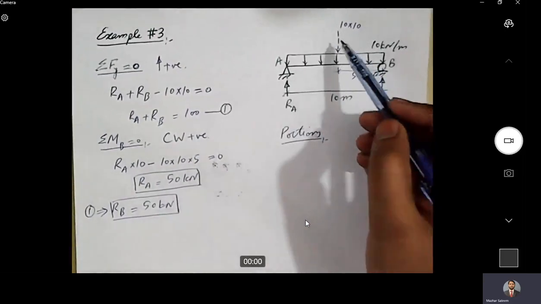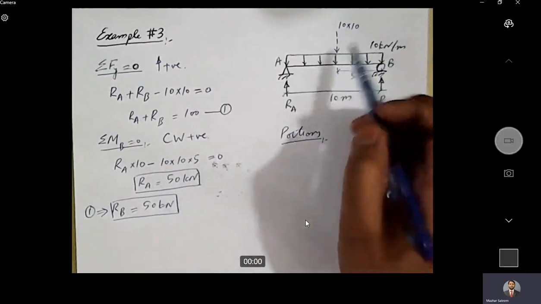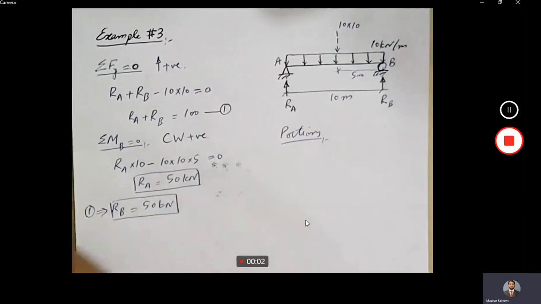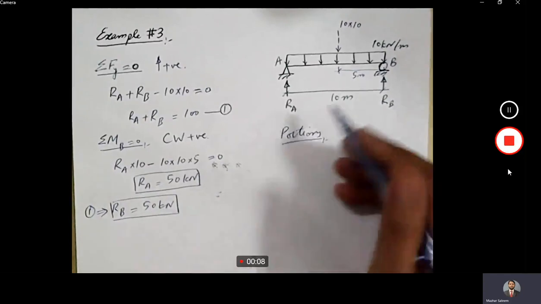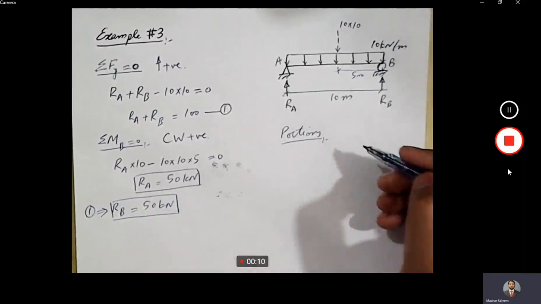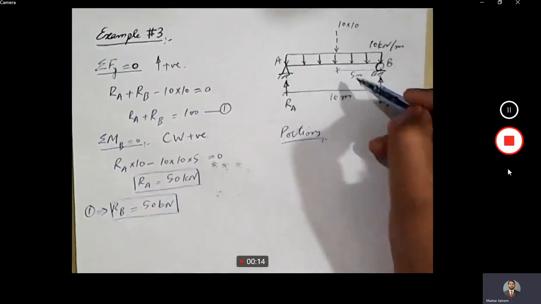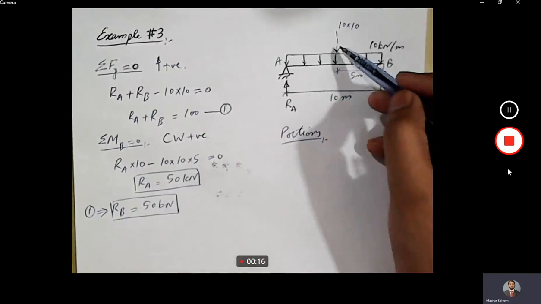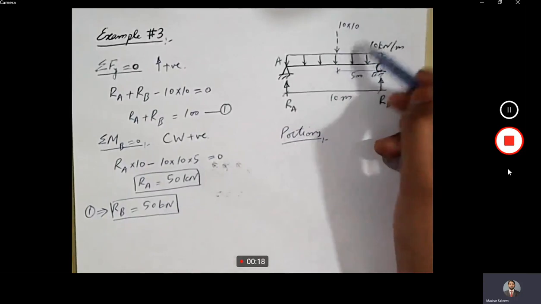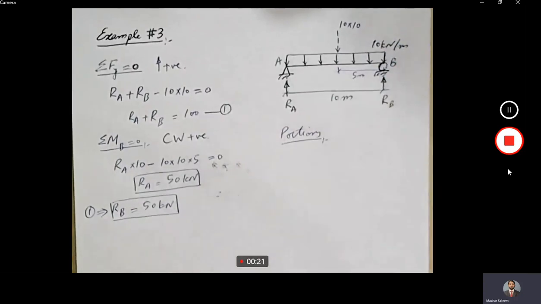This resultant is the resultant of this entire load, and it is acting at this point. But this resultant will be used for the calculations of reactions and moment calculation.